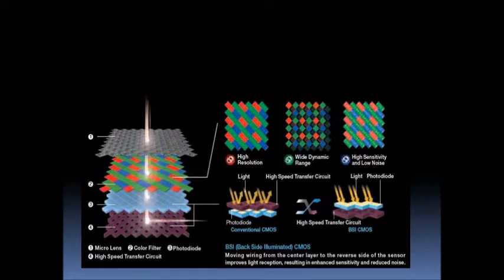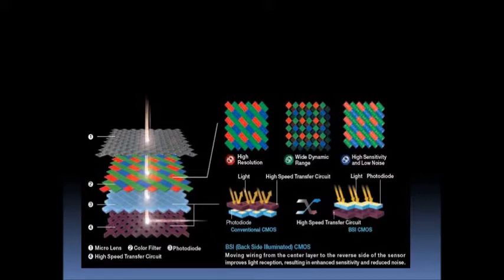Most commonly you have heard the term that most smartphone cameras and other cameras are using this backside illumination CMOS sensor. When they say this, they just flip the placement of the high-speed transfer circuitry that initially used to be on top of the photodiodes, and now it is at the bottom.